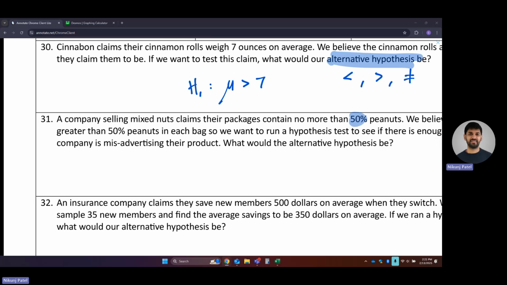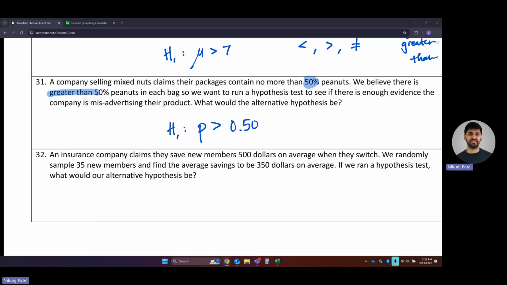Greater than indicates above. We're going to use the greater than symbol, H1. And in this case, since it's a percentage, p is greater than 0.5 because 50% is 0.5. This is not an average. This is a proportion or a percentage. p is greater than 0.50.